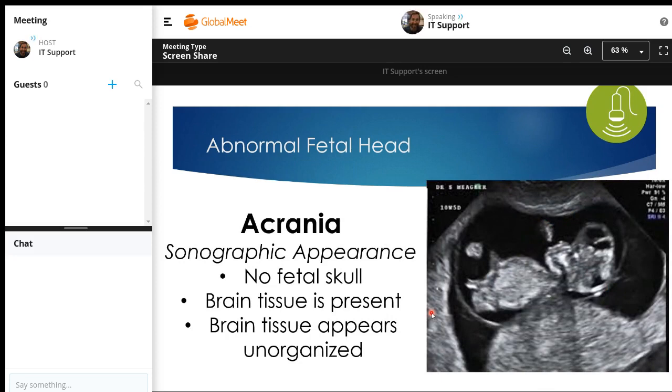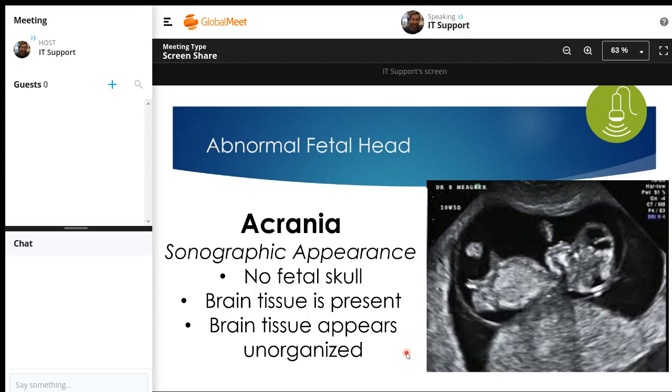Sonographic appearance: we have no fetal skull. Brain tissue is present, but it does appear unorganized because there's nothing to hold it in place. You can see how this looks like a bulging forehead, but this is just brain tissue that is not contained by a cranial vault.